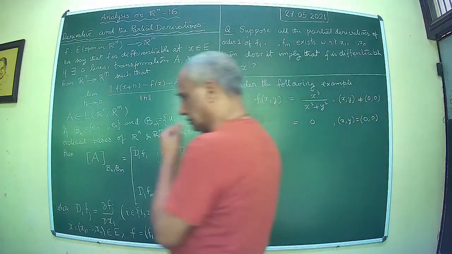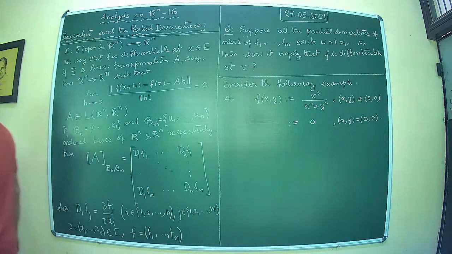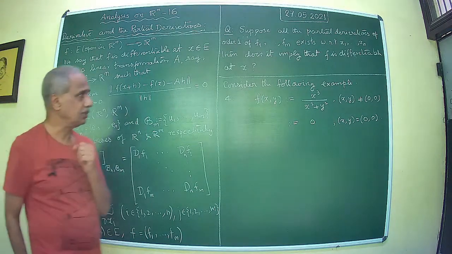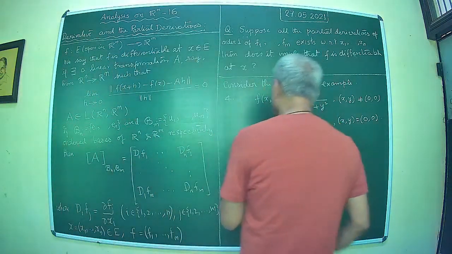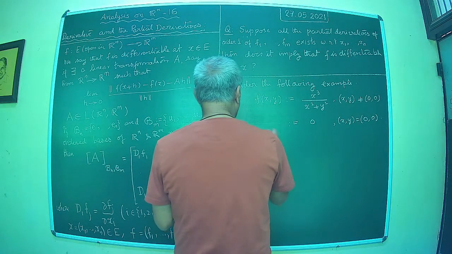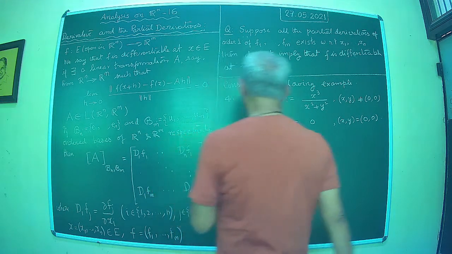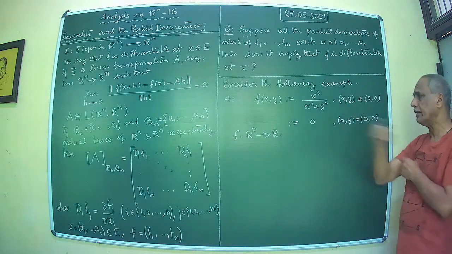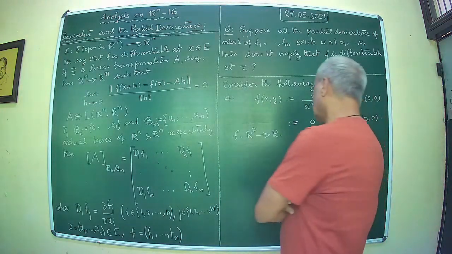Now we can compute the partial derivative. One observes that f is defined from R2 to R. There's only one component for f, but two variables.